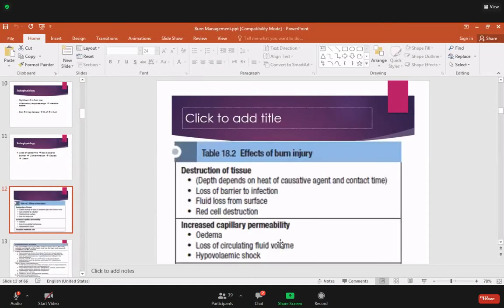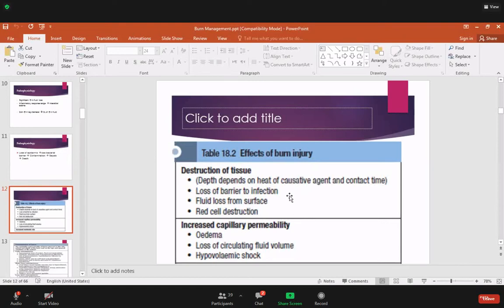Okay, the effect of burn injury is destruction of tissue, depending on how long the heat was in contact with the body, and what the causative agent is. Is it chemical? Is it electric shock? Is it flame? So the destruction depends on the type of causative agent and the contact time. The loss of barrier leads to infection.